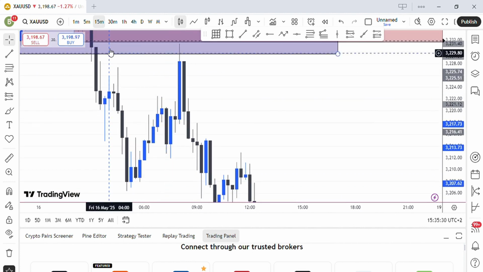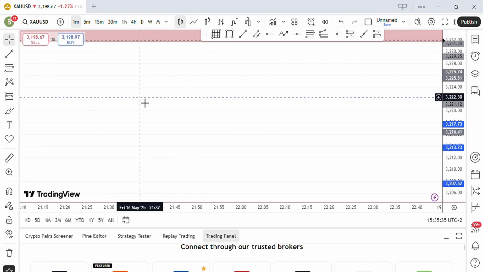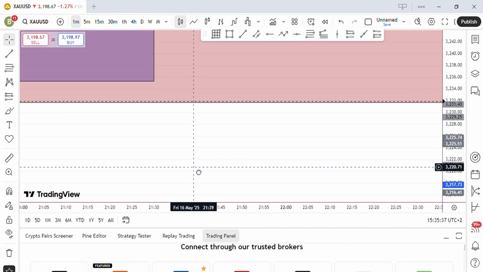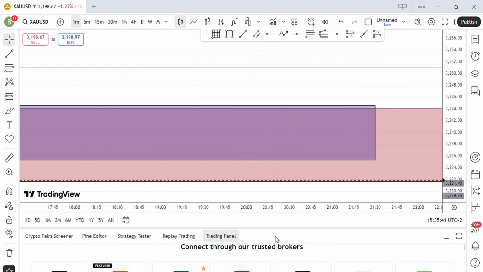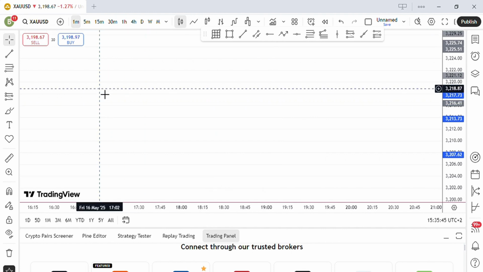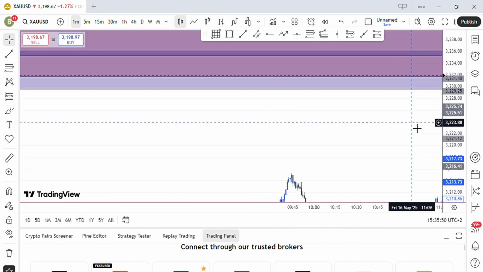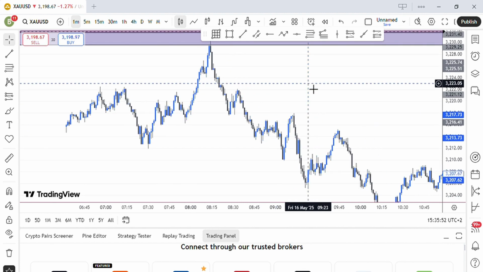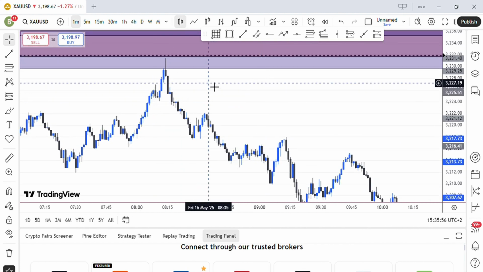And for the entry, this is how we would have entered this trade. Where is the price? Okay, so this is how we could have entered this trade.